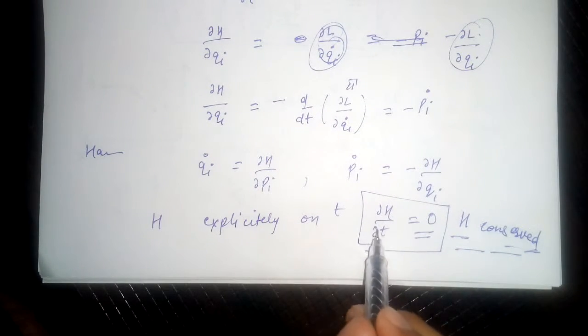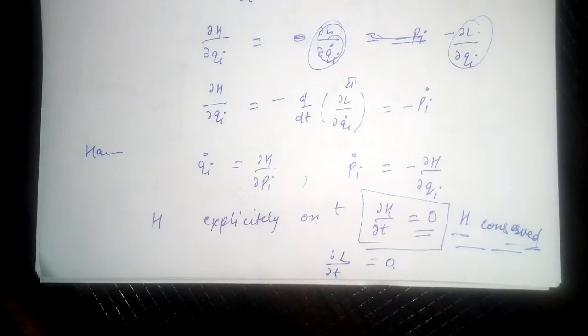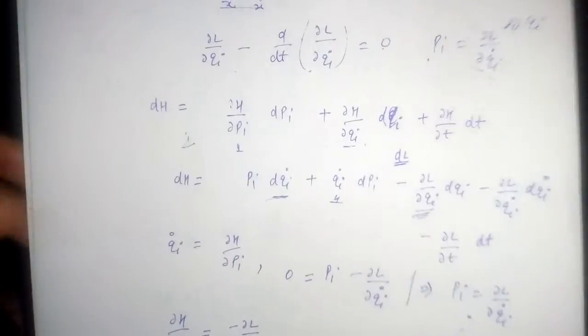And this will hold if the Lagrangian also does not depend on t. If H contains terms like t, then delta H upon delta t will be non-zero, and we can say the total energy will not be conserved there.